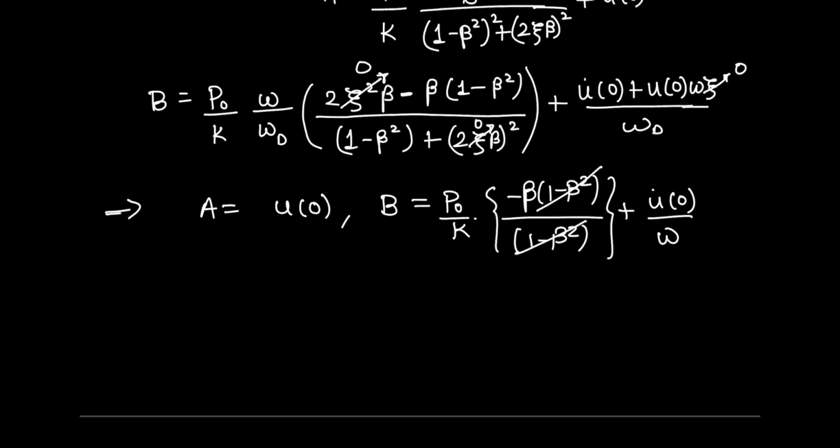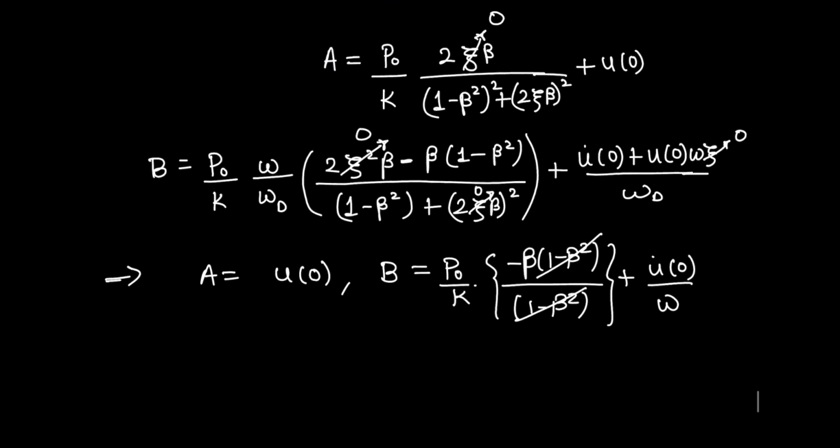The 1 minus beta square would get cancelled.